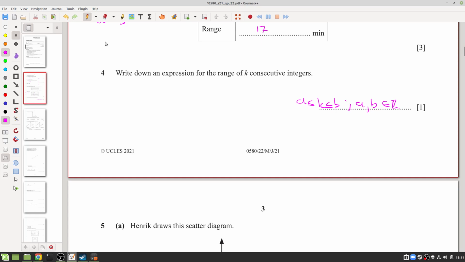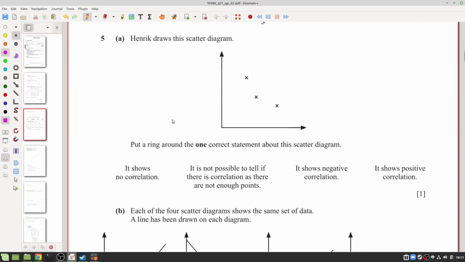I'm not sure what they want here. This one, maybe we can check on the memo at some stage. I suppose there are quite a few ways to write it. They probably give the simplest one, which I can't think of now.